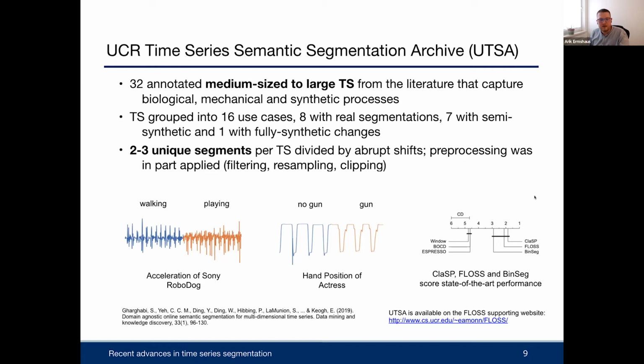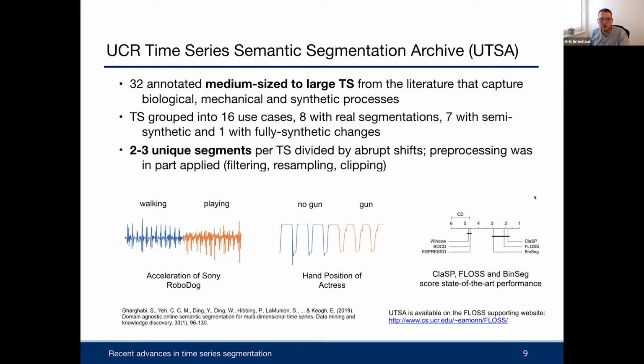It's not so common yet for time series segmentation, but I would like to see this more in the future. One of the notable benchmarks was published by the University of California, Riverside, which is the time series semantic segmentation archive, and it contains 33 annotated medium-sized to large time series.